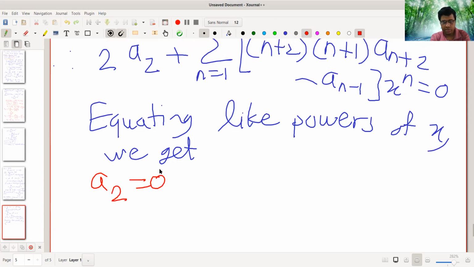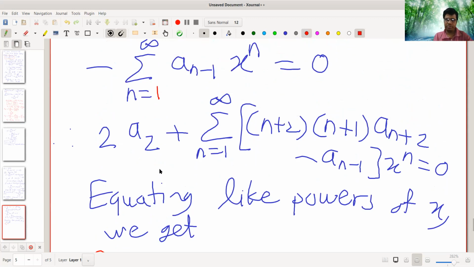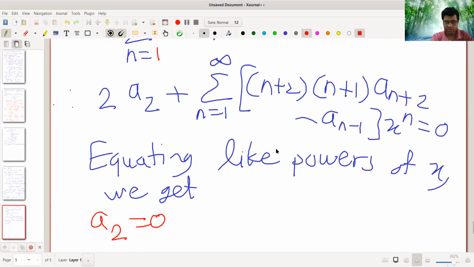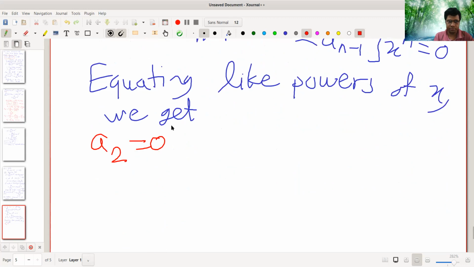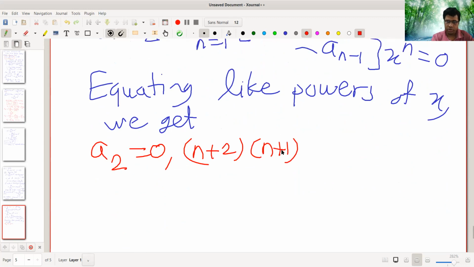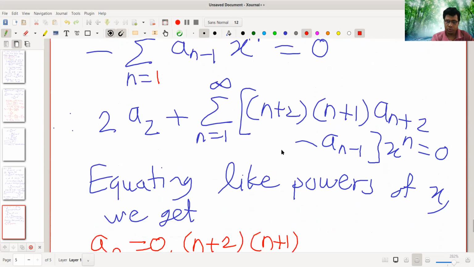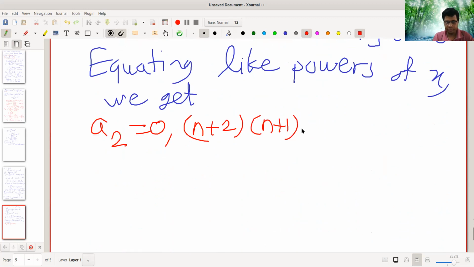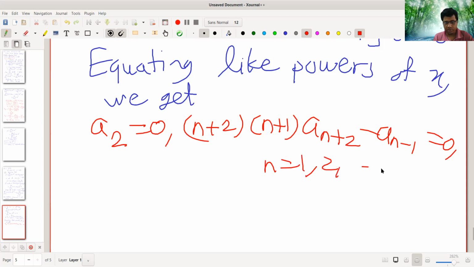And second thing is, all these coefficients for n equal to 1 to infinity are 0 because the right hand side is 0. Okay. So (n plus 2)(n plus 1) into a_(n+2) minus a_(n-1) equal to 0. This is for n equal to 1, 2 and so on. Okay.